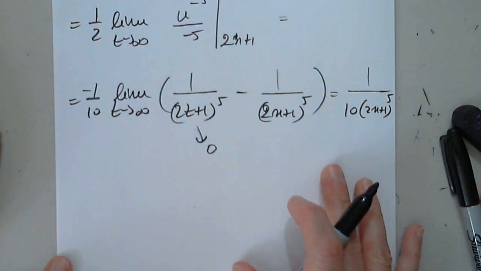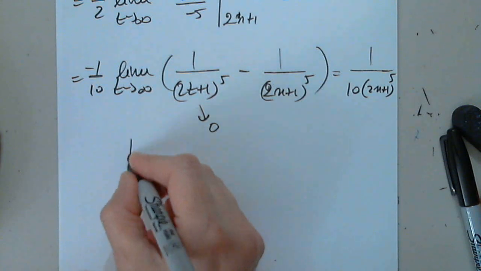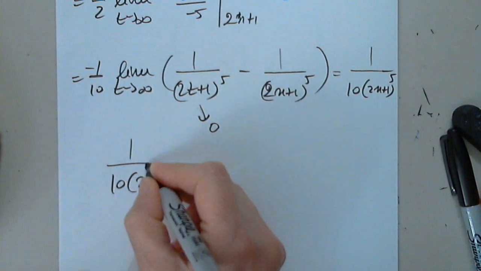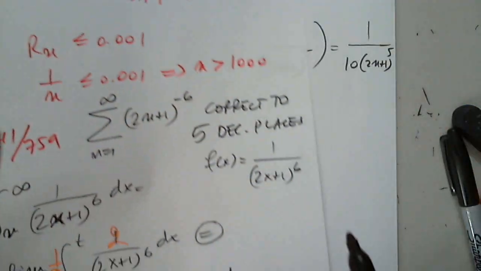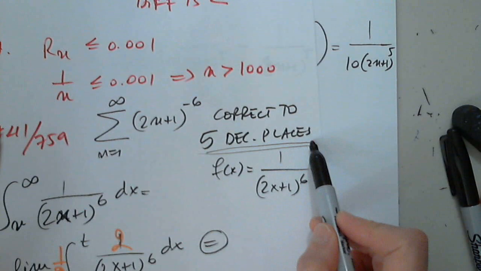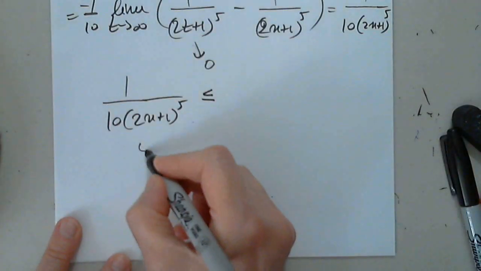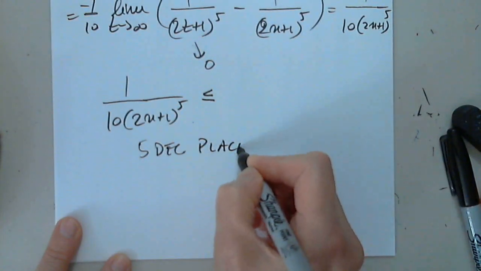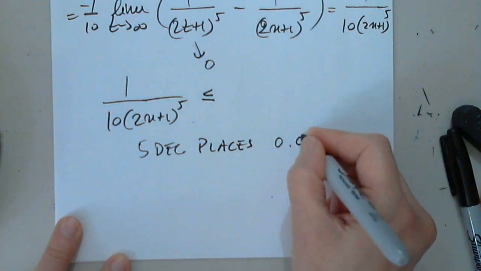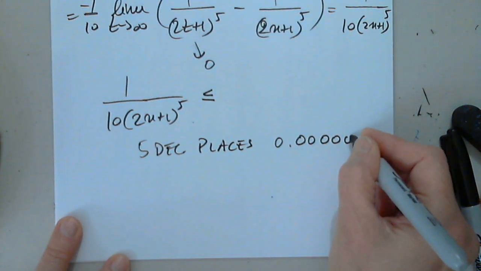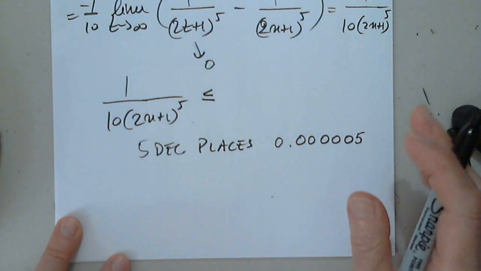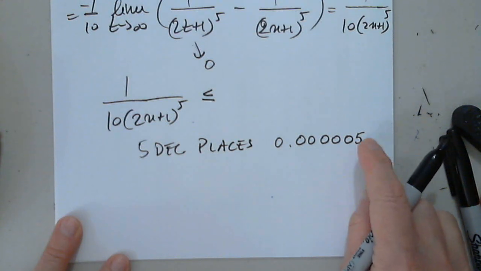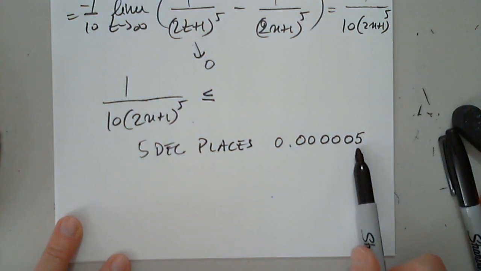We want this to be less than something. 5 decimal places means 0.00000 and then anything 5 or above, because only 5 or above will change it to the next digit.